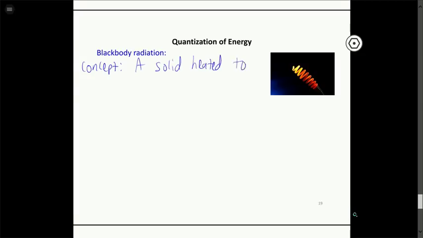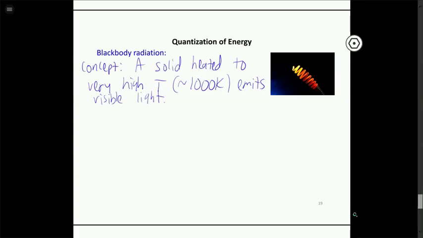If you heat a solid to very high temperatures, we're talking about 1,000 Kelvin, which is about 700 or 800 degrees Celsius, they emit visible light, so we can see that glowing. Now this wasn't new. Since the Iron Age, people have been putting pieces of iron into flames and seeing them glow.